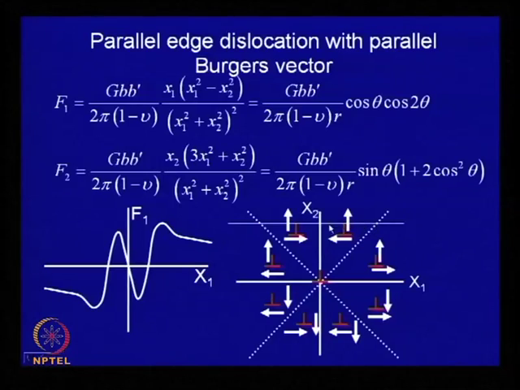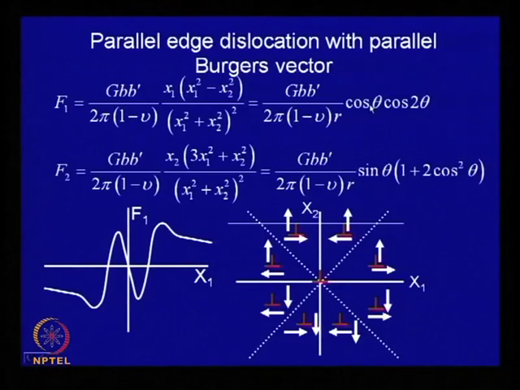So, if you do that and make a plot, you will get a plot something like this. In this portion F is negative, here F is 0. So, this point represents this, again it goes up, and then you can find out where it will be maximum.